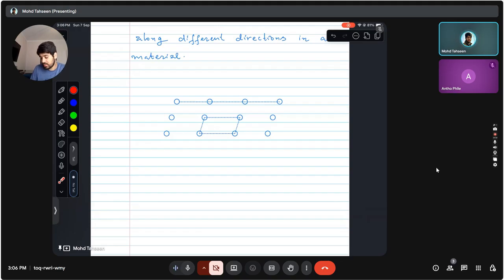And this means that the way this particle and this particle interact is different from the way this particle and this particle interact. Because ultimately all the properties shown by solids come from interactions between different species, right? So if we measure some property in this direction and the same property in this direction, they would be different, right? Because the interactions happening at the atomic scale are different.